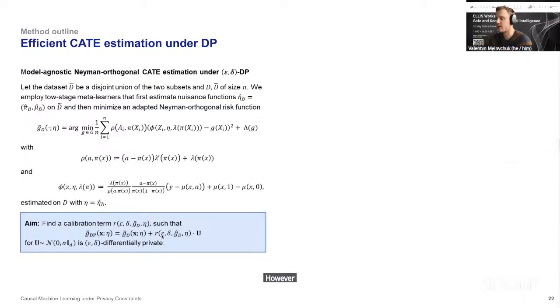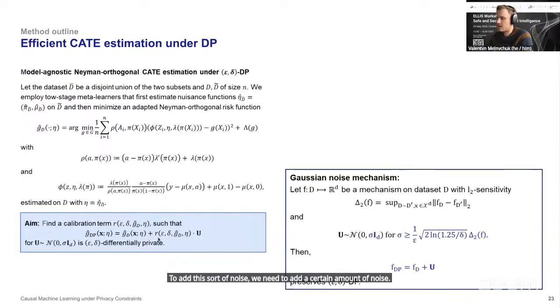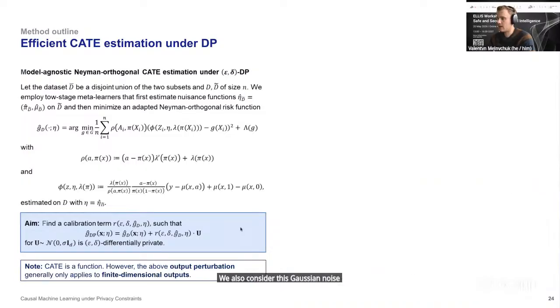However, to privatize them, we need to add a certain amount of noise, and in this case we consider Gaussian noise mechanisms. The only remaining problem is that all this differentially private theory works well for finite dimensional outputs. But because we want to release the full function, we have to apply some tricks.